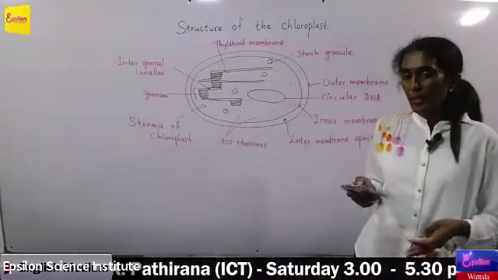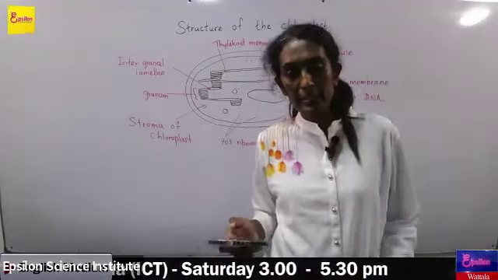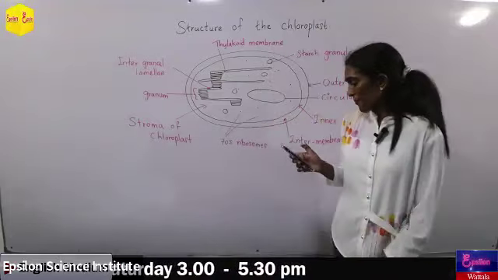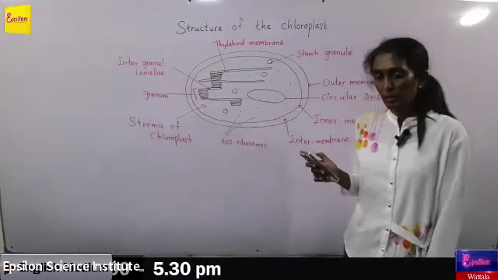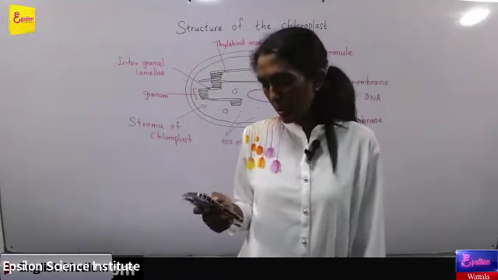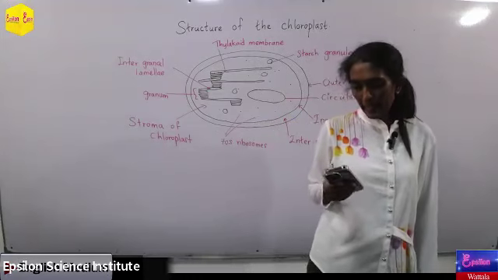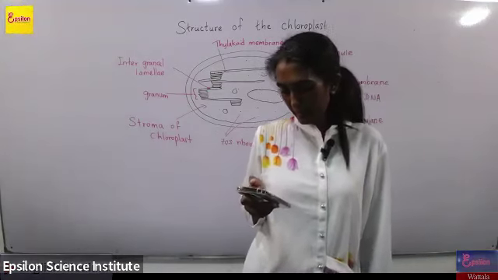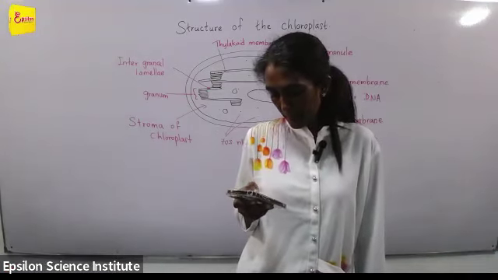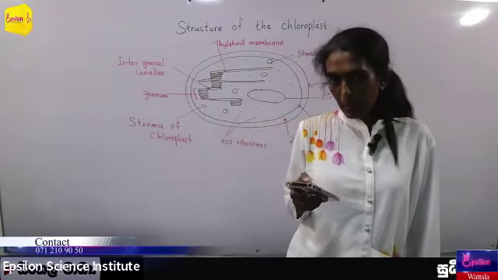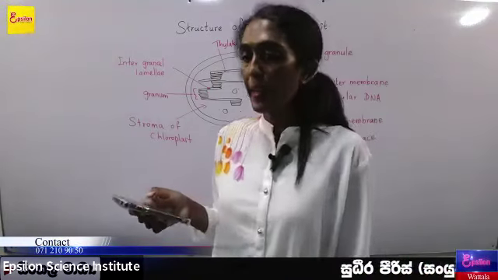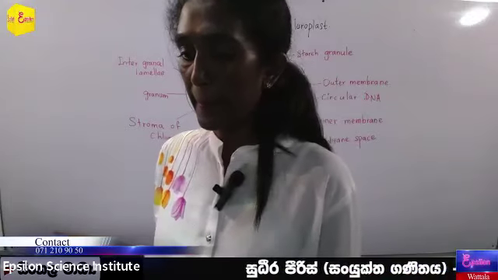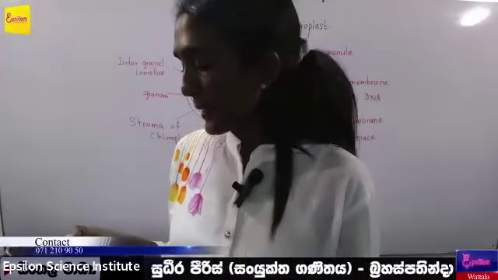Inside the stroma, there is another membrane system called thylakoid membrane.